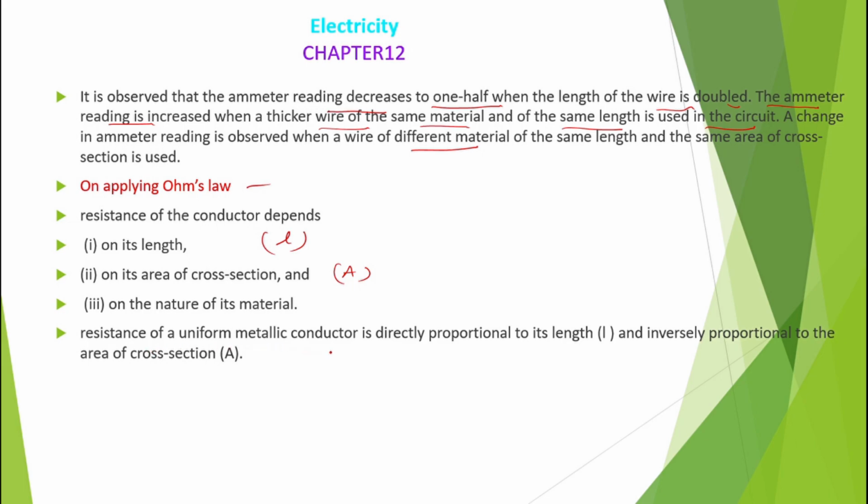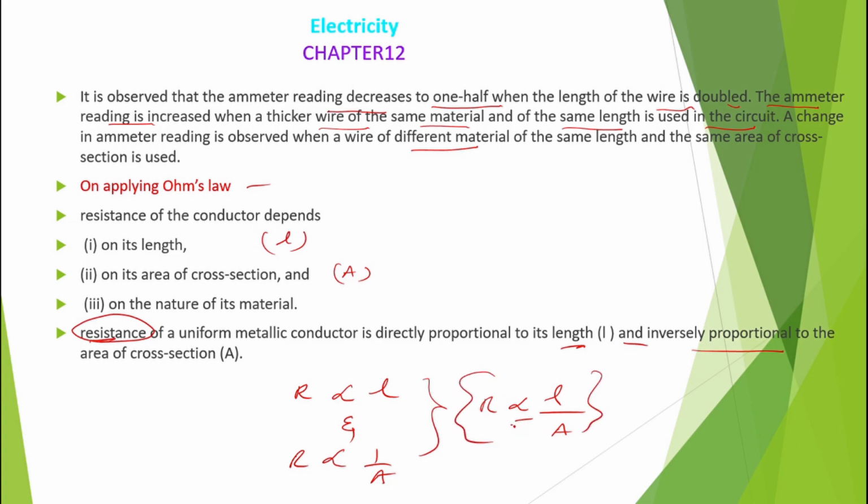So the resistance of a uniform metallic conductor is directly proportional to length, and inversely proportional to A. If you club this, you will get R is directly proportional to L and inversely proportional to A. So if you remove the proportionality, you will get R equal to rho into L by A.